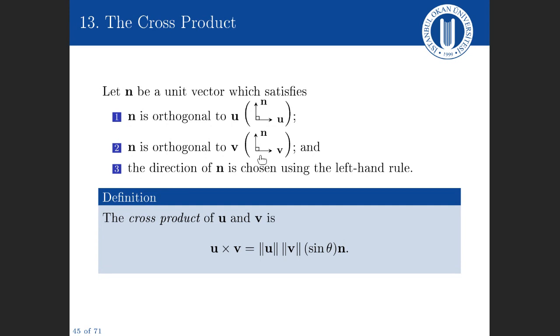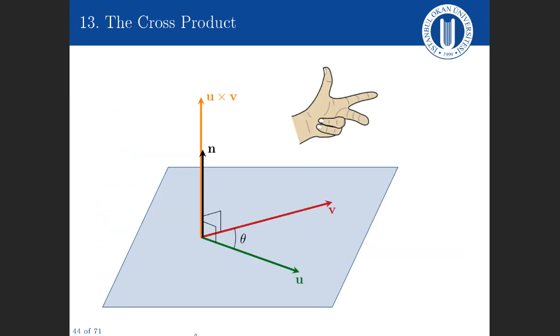And let's suppose that we choose the direction of n using our left hand rule. Go back to the picture. The angle between u and n must be 90 degrees. The angle between v and n must be 90 degrees. And we use our left hand to see that in this picture n points upwards.